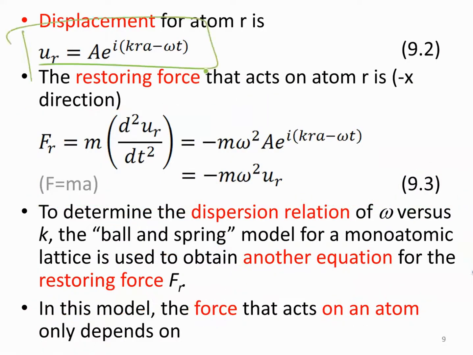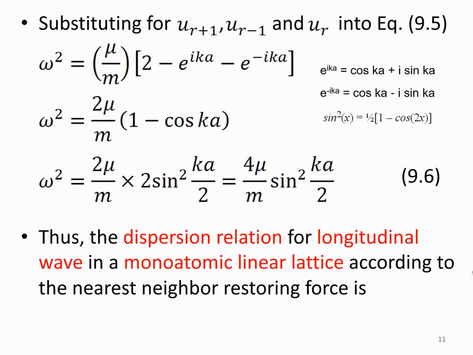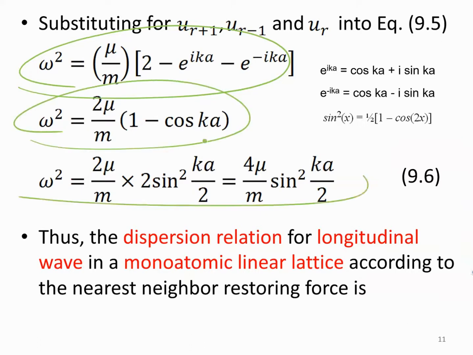This is the equation for UR. So when you want to get UR plus 1, then it's a plus 1. Here it's just plus 1. So substitute into here, substitute into here, substitute into here. Then you solve everything. Then you will get this equation. Then this equation. Then this equation.